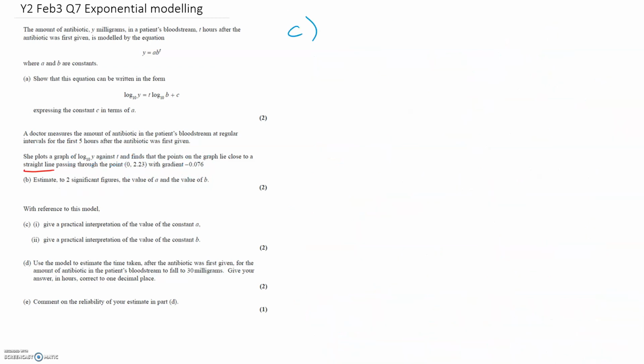So in part C, it's a good idea to write out what we know now. We know that a is 170 and we know b is 0.84. If you look at this, this is like a geometric series now.